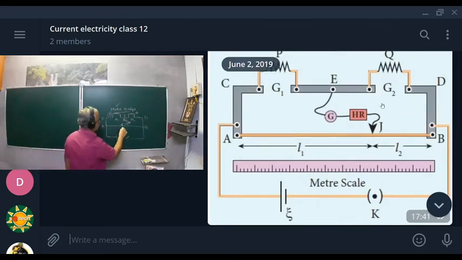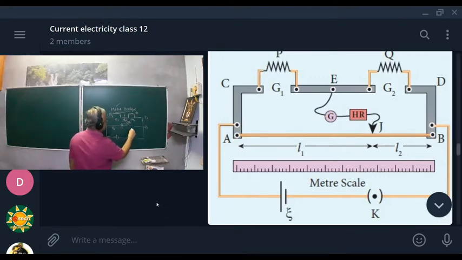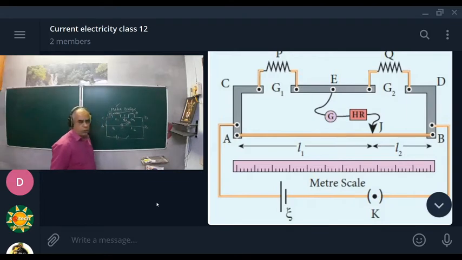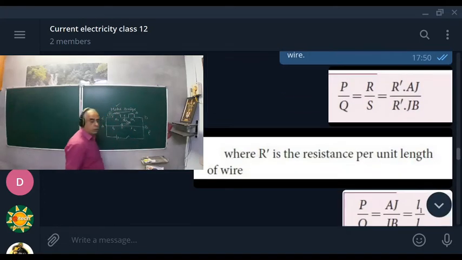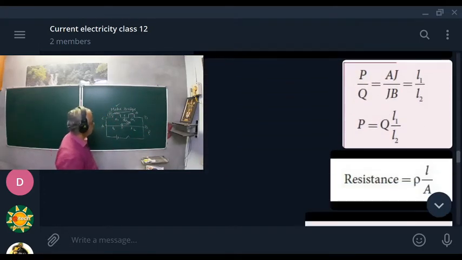That is represented by J for jack. So AJ is length 1 and BJ is length 2. And the resistivity of this wire is given by rho. That is the specific resistance.